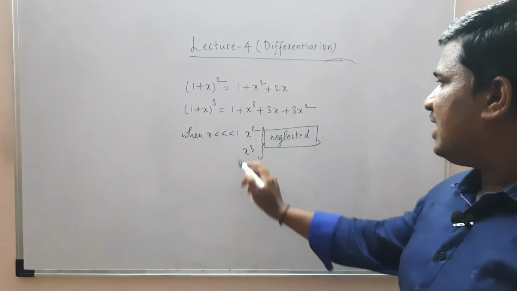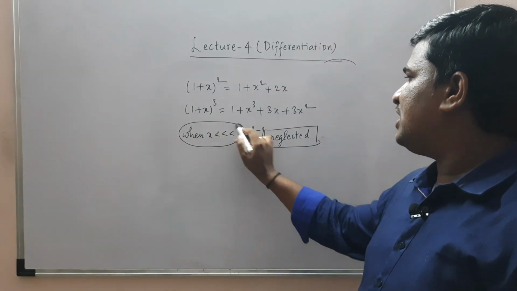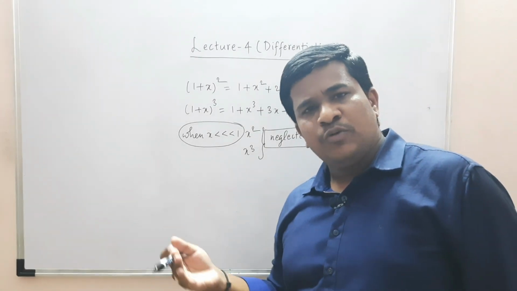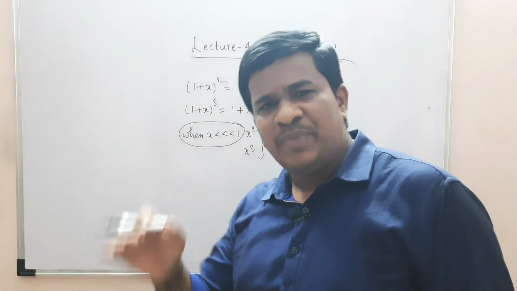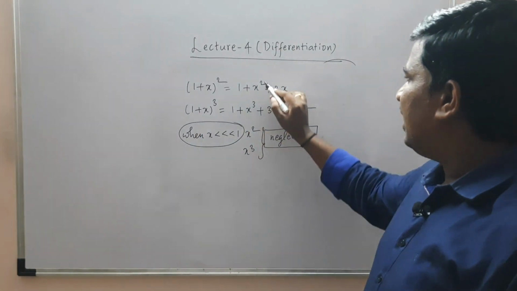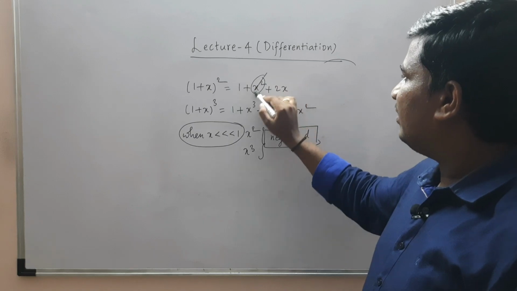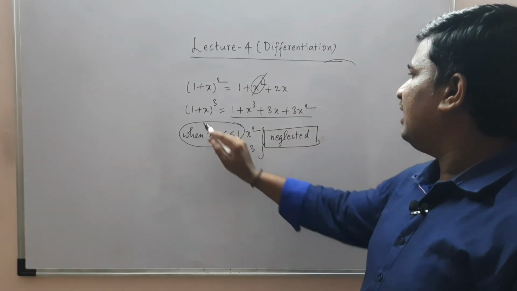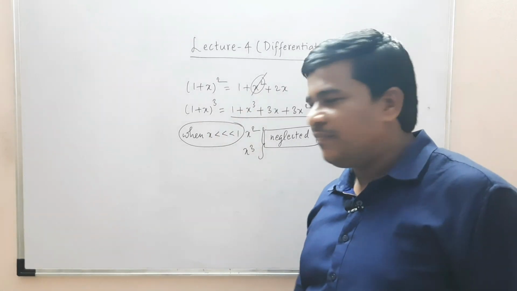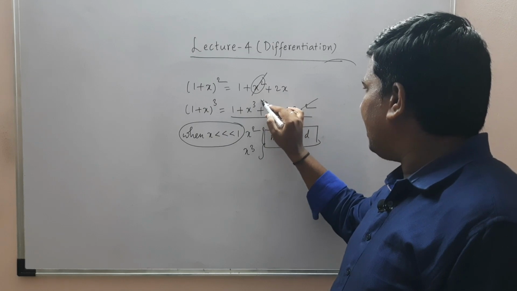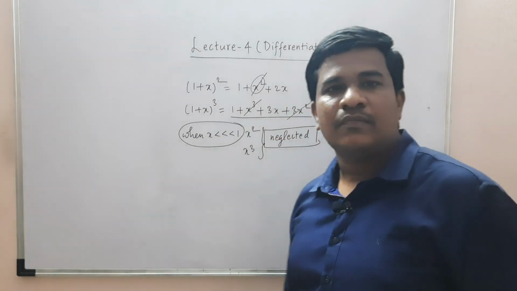Now let me consider this case when x is very much less than 1. X square, x cube, all the higher powers of x will become very small. So in such case I can neglect this x square, and in this particular 1 plus x whole cube expansion I can neglect this term 3x square, and I can neglect even x cube term, right?